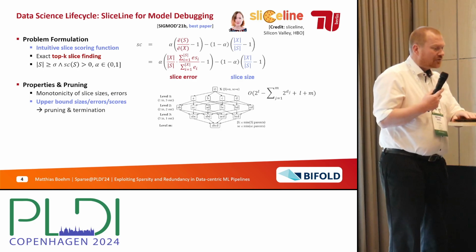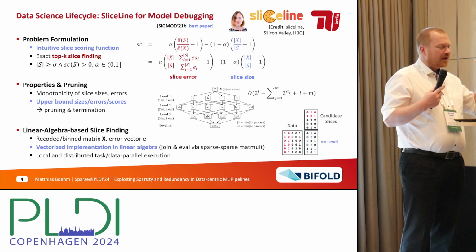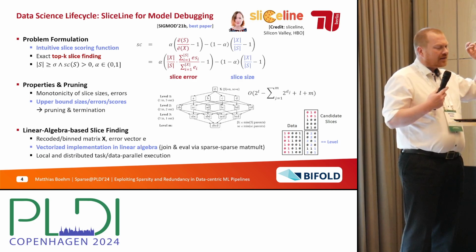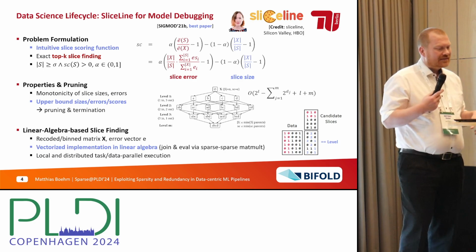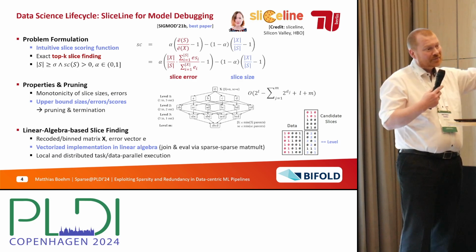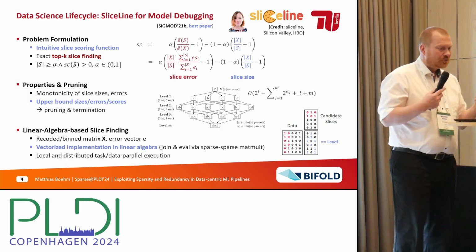So we formulate all this as a fast linear algebra program where, given the input data set, in this case 2 features, red and black, that are one-hot encoded, an entire level in this lattice can be evaluated with a single ultra-sparse matrix multiply, while also applying pruning.